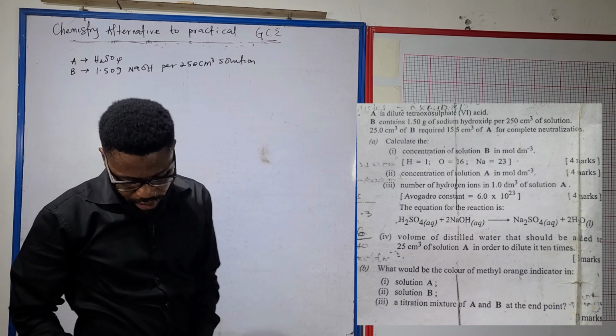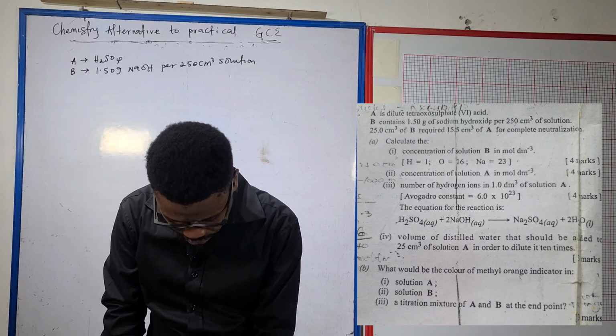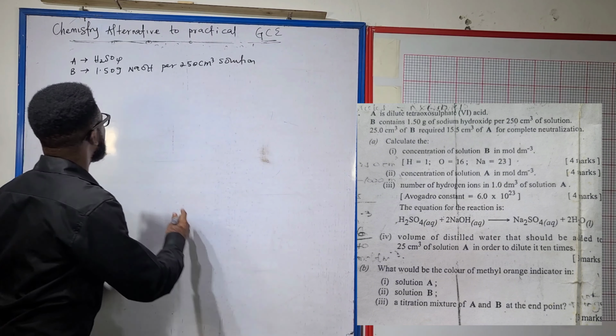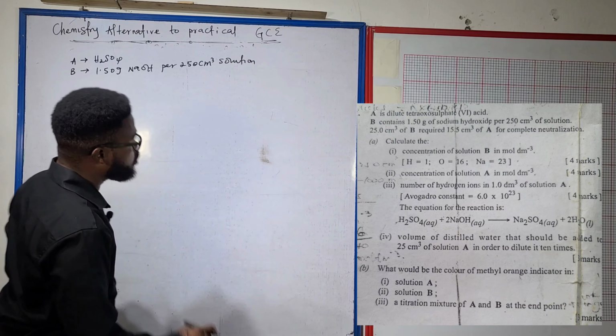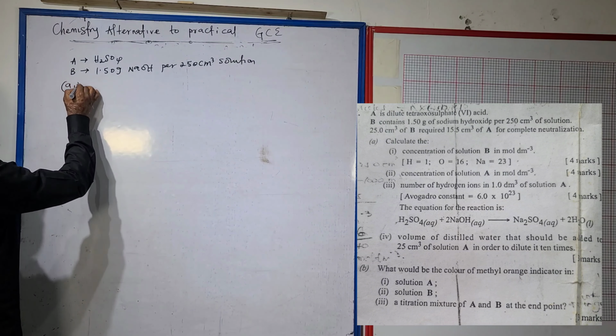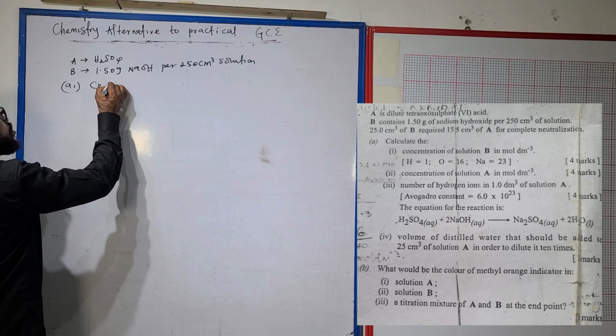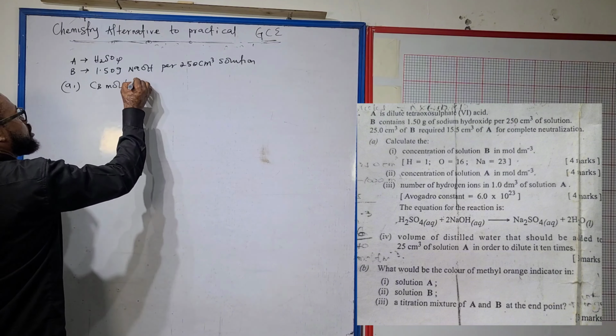Okay, what do they want in this question? Concentration of B in mole per dm cube. The very first question they want on A1 is concentration of B in mole per dm cube.